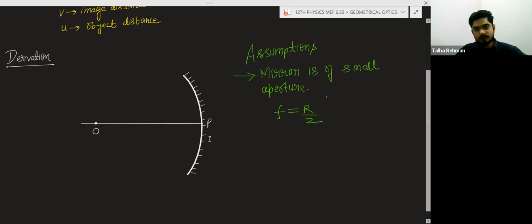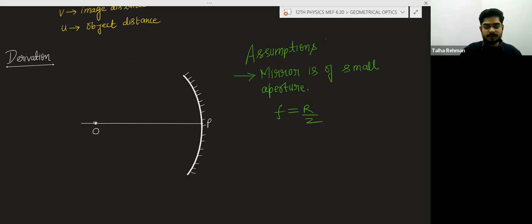This is okay. So this is the object place, this is the object here. Somewhere here will be the center of curvature of this mirror.